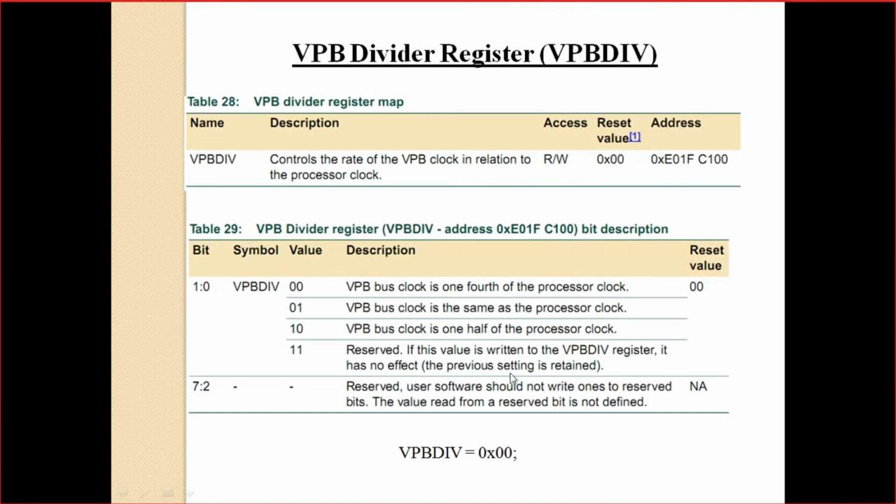By default, it will be 15 MHz, but anyway you are writing VPB divider equal to 0x00. If I want to configure it as 1/2 of the C clock, what value should I write? 0x02, not 0x10, only 0x02 you should write. So that is how we are configuring the PLL.